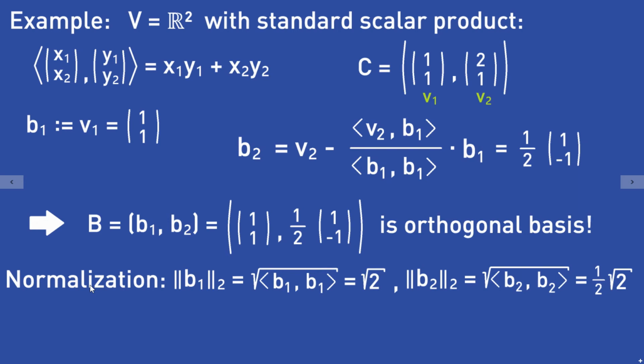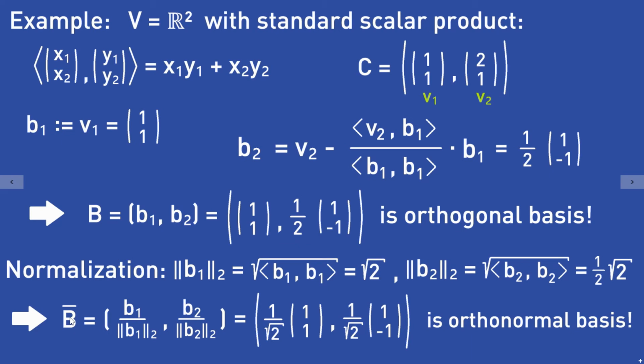So you need to calculate the Euclidean norm of b1 and b2. The Euclidean norm of b1 is that here, and this is equal to the square root of 2. The Euclidean norm of b2 is equal to that here, which is equal to 1 divided by 2 times the square root of 2.